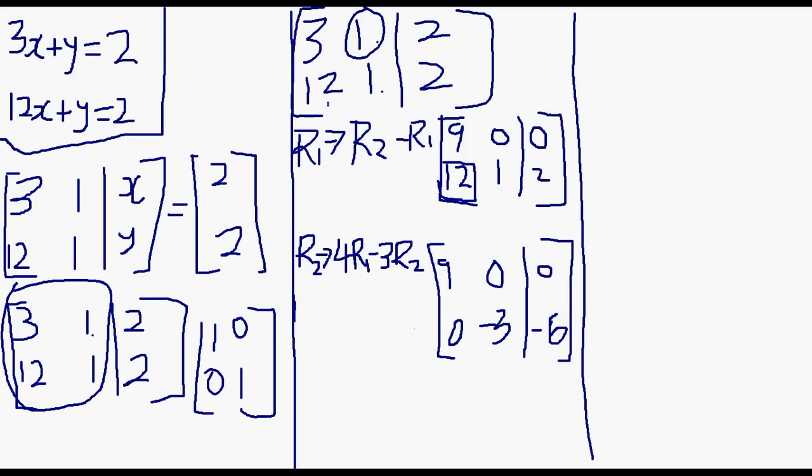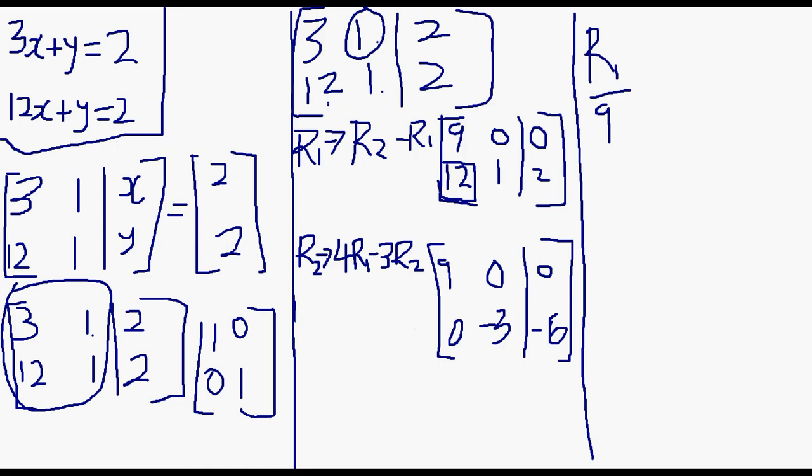If we want to change this side to 1, we are going to do it this way by, okay, let me continue. Row 1 divided by 9. So we're not able to score.